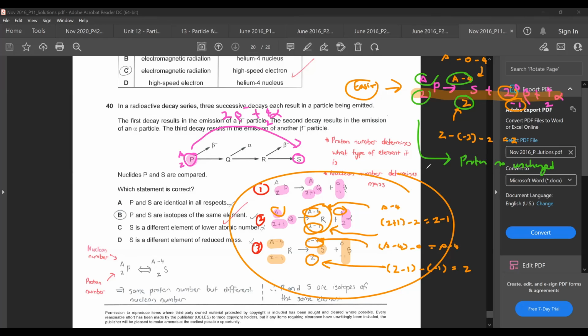Therefore, they are isotopes. Therefore, your answer is this: P and S are isotopes of the same element.